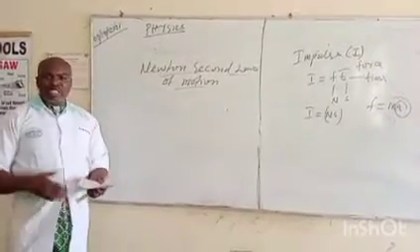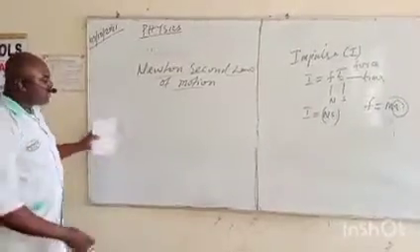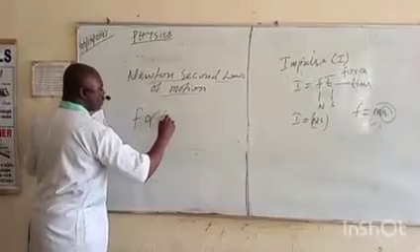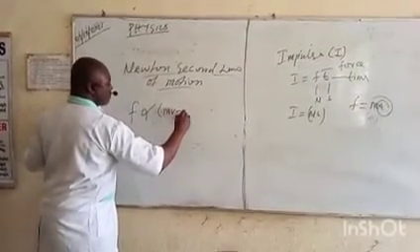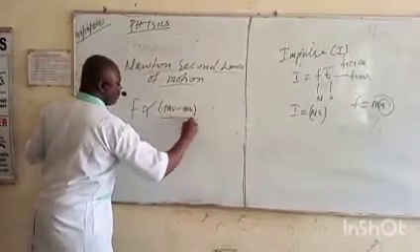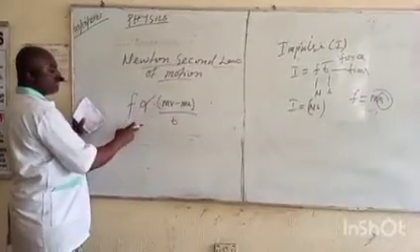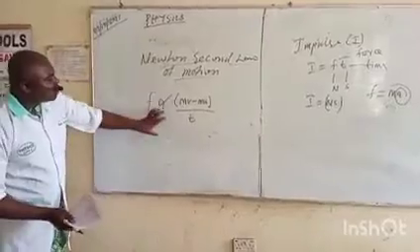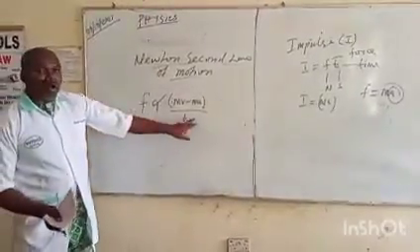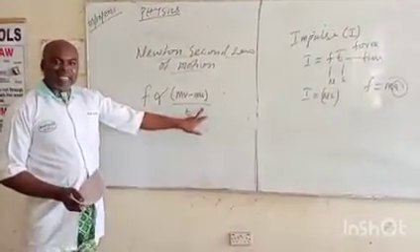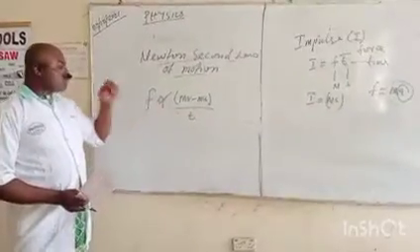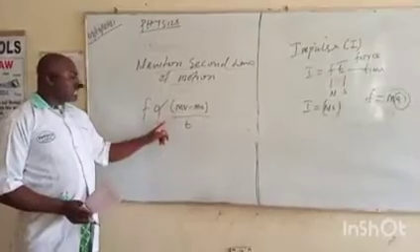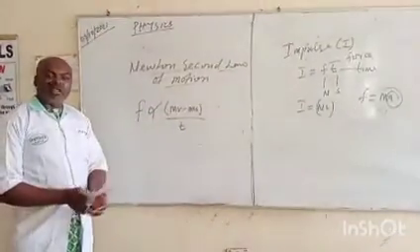The law can be stated in mathematical expression: the rate of change of momentum, this is called change of momentum, is directly proportional to the applied force, and it takes place in the direction of the force. So this is what we call Newton's second law of motion.